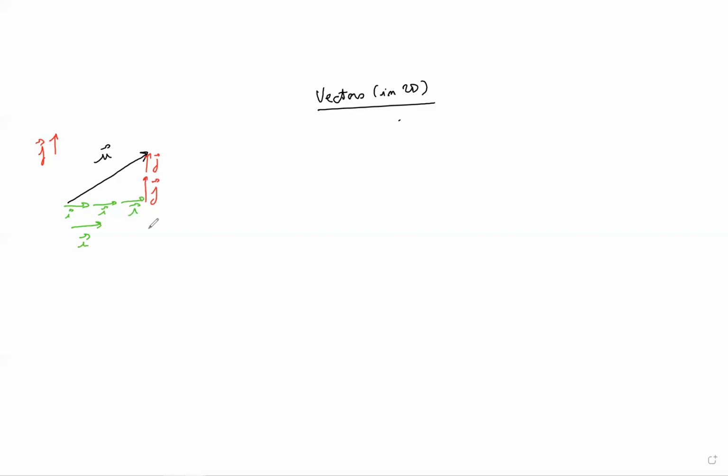So I can write that U is equal to 3I plus 2J. This is called the decomposition of U in the basis, and the numbers 3 and 2 are the coordinates of U. You can say coordinates or you can say components.